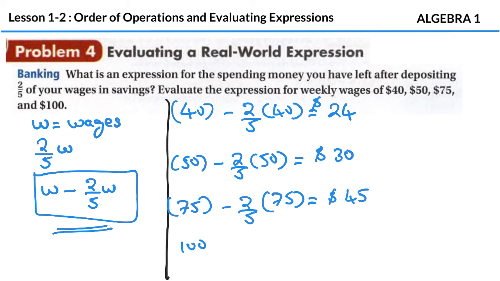If your wages were 100, it's going to be 100 minus 2/5 of 100, and that is $60 for you to spend. So great. So learn savings, save first and then think of spending. Okay? So let's move on and see whether you got it.